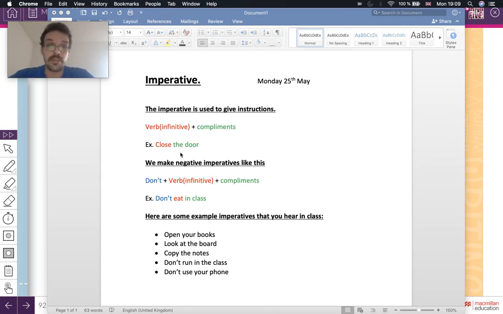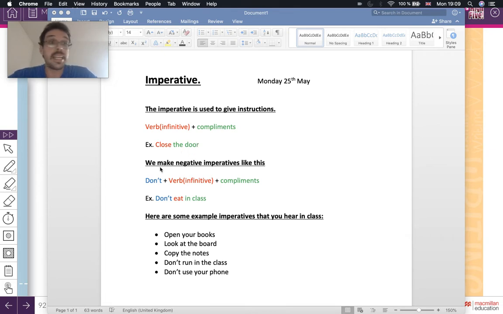One example is close the door. Now, I don't say a subject. I don't say you close the door or they close the door. I'm telling you directly, I'm giving you instructions. So I just use the verb. I say, hey, close the door, please. The verb is close, the complements are the door.